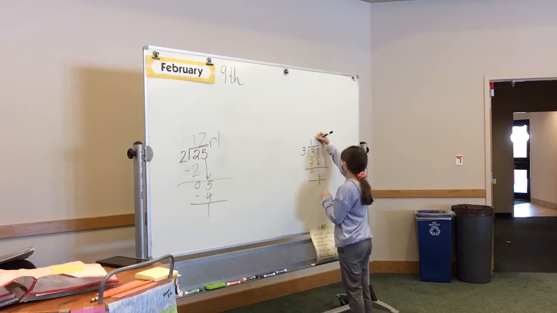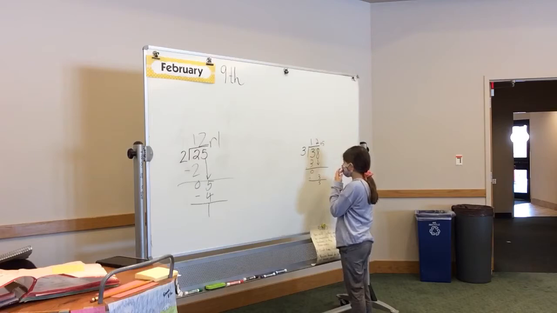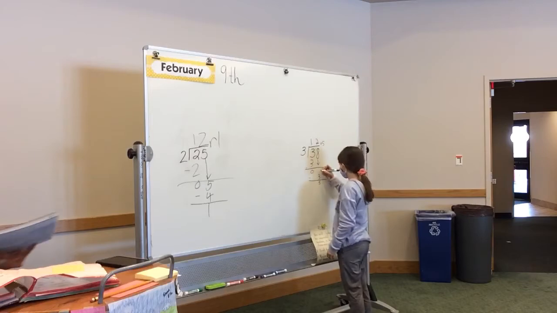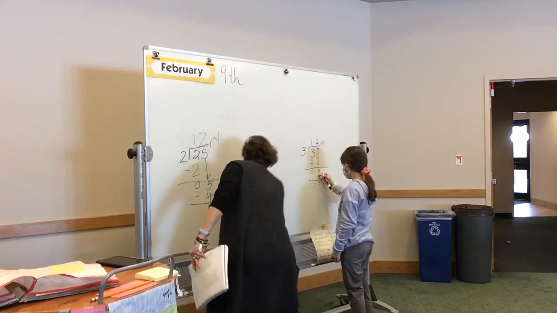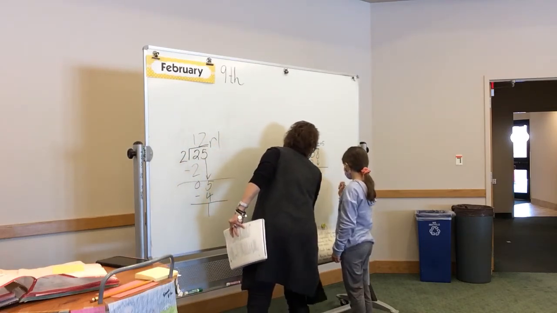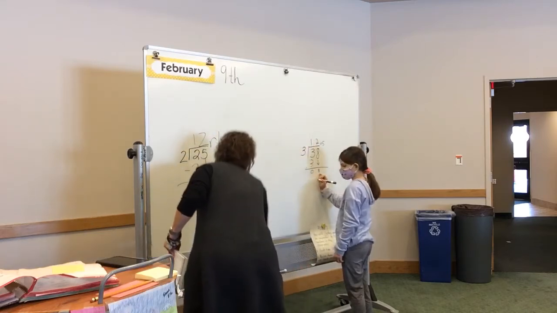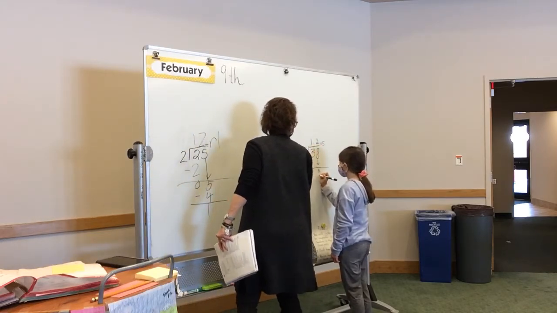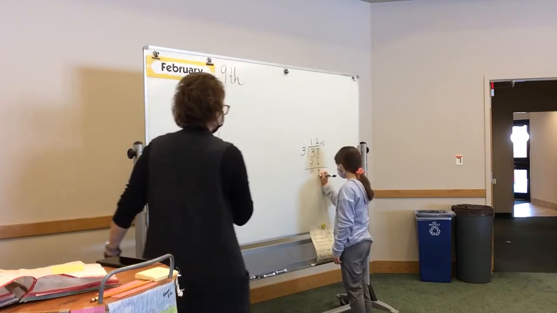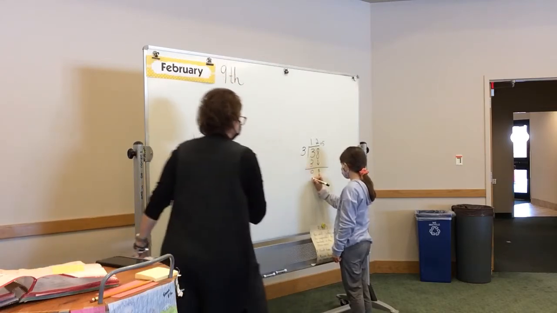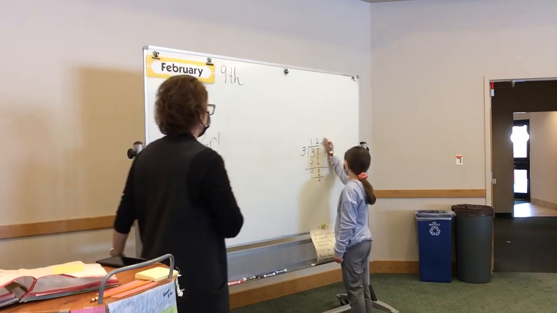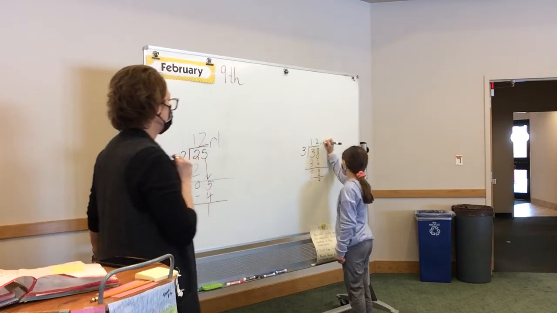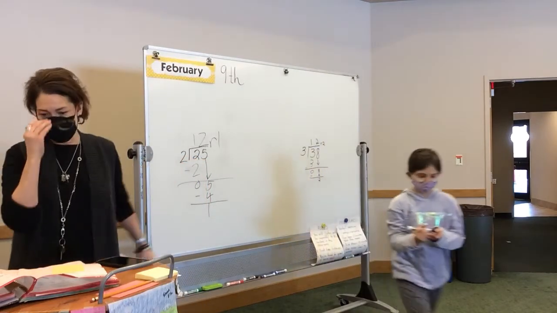So that's 2. What is 2 times 3? Yes. So you need to take the 8 down here. And then you're going to subtract. You said 2 times 3 is what? 6. Perfect. So you write the 6. You subtract 8 minus 6. Beautiful. Very, very good. Good job, McKenna.